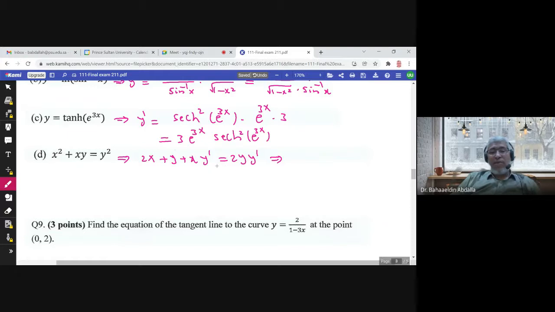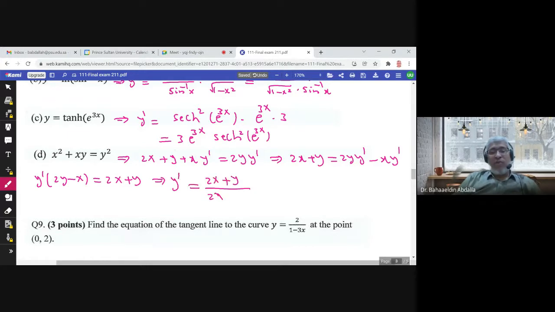And then the terms, I keep 2x plus y on this side, and I'll take x y prime to the right hand side. And then I will take y prime as a common factor. I have 2y minus x, and on the other side I have 2x plus y, and then y prime would be 2x plus y over 2y minus x.